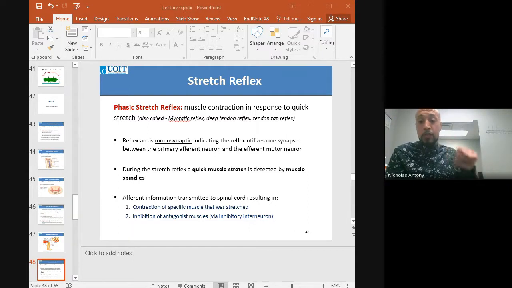The tendon registers that it's too much tension and turns off the muscle before it has a chance to rip the fibers. Yeah. So they're both safety mechanisms. Whereas with the myostatic reflex, if someone's going to pull on you, you instinctively want to fight back. So they're both for safety.